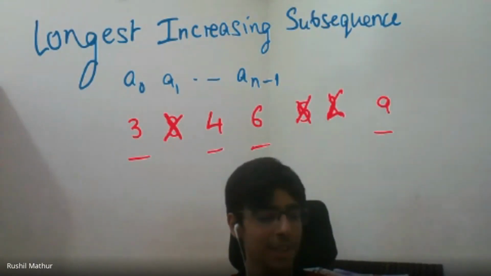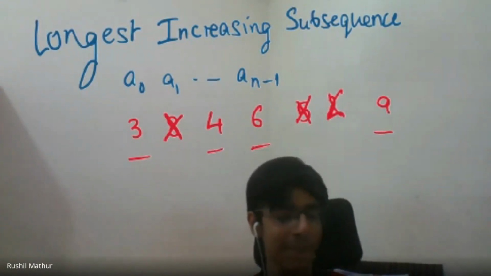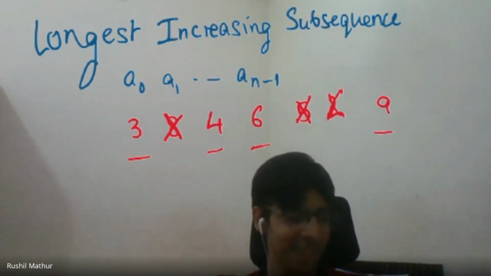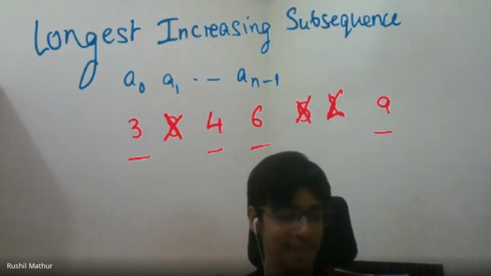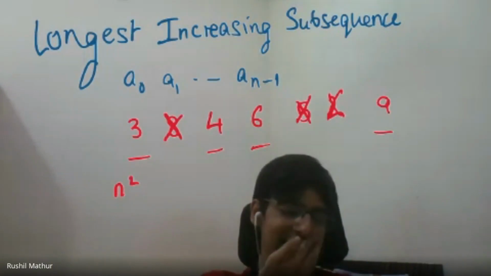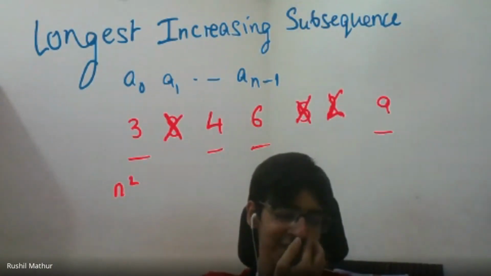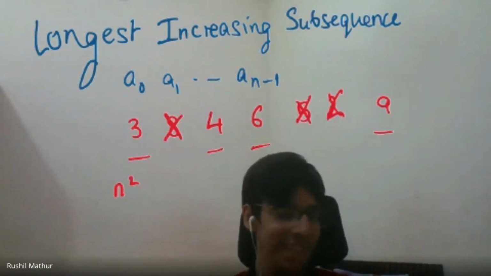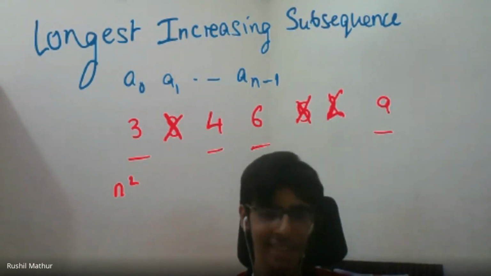However, what if we wanted to calculate this in general? How many subsequences are there of this? There are around n square subsequences, not exactly n square, it's like n choose 2, but we can approximate that with n square.